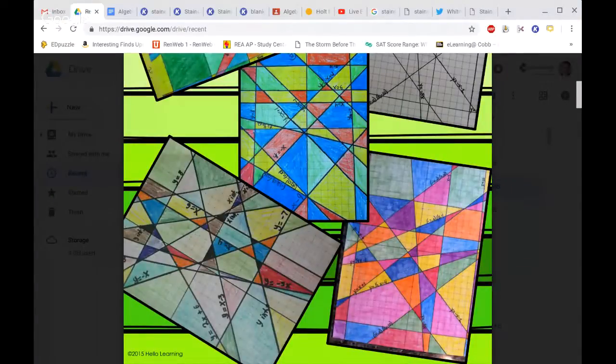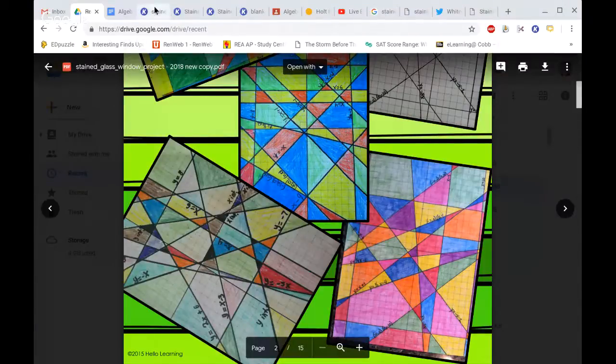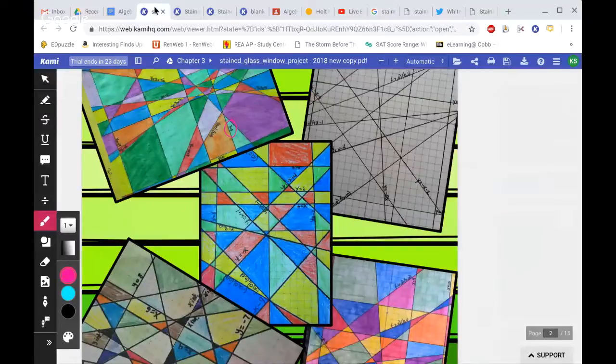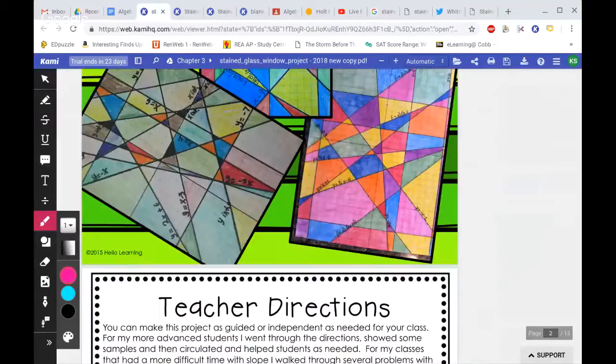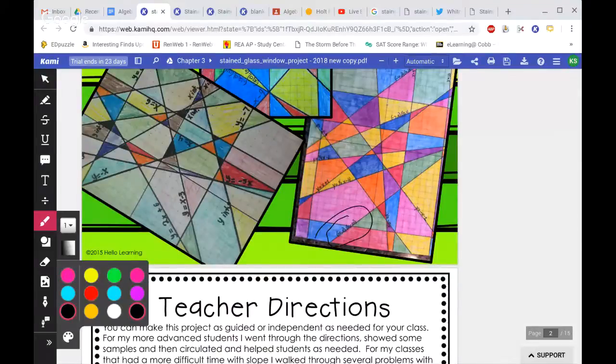You can either label the points. This person right here chose to put the points on the line. See how those are coordinates? They actually put those on the line. You can either do that. That's fine and acceptable. Like they did that here too.